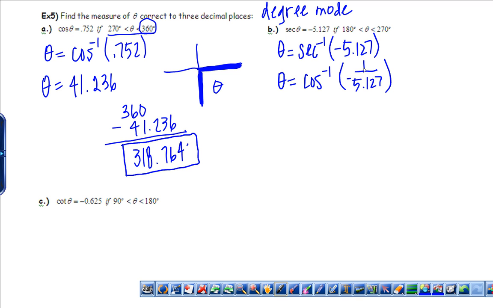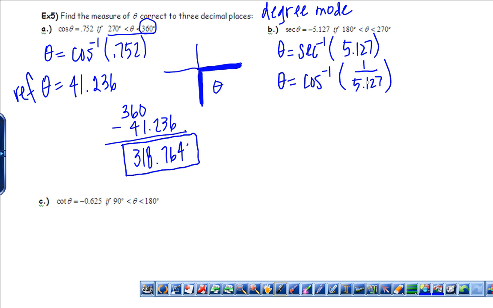Anytime you have this problem, if you take this negative out of the problem and find the positive of it, you will have a reference angle. If you leave the negative in, you will not have a reference angle. So drop the negative and find the arc cosine of 1 over 5.127.